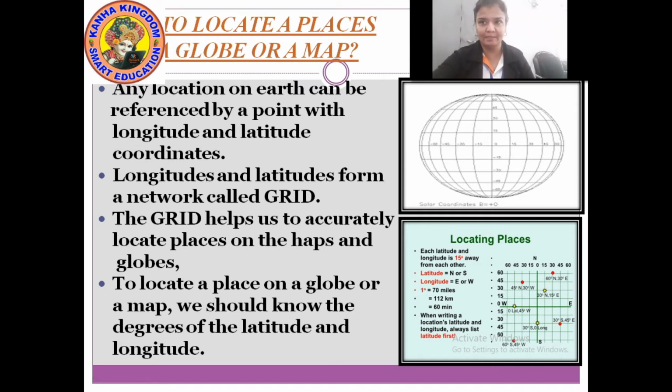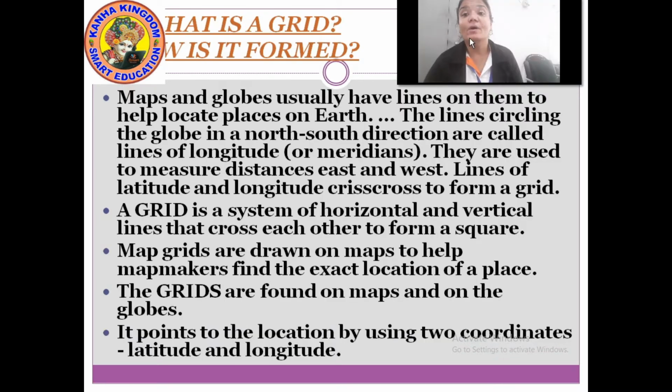What is a grid and how is it formed? Maps and globes usually have lines on them. We have seen, right? To help locate places on Earth, the lines circling the globe in a north to south direction are called longitudes, and the lines which encircle the Earth from east to west are latitudes.